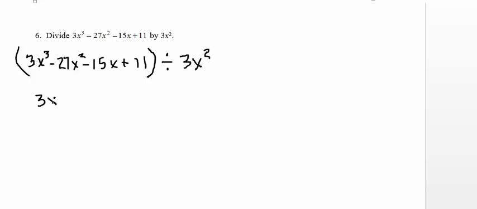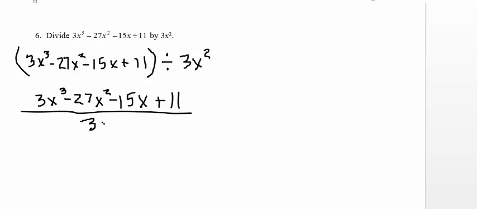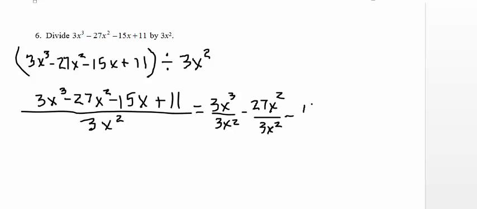Notice how we have to parenthesize the polynomial we're dividing into to write this correctly with the division symbol. Or we could write it as a fraction with the polynomial in the numerator and the divisor in the denominator. But ultimately, every term of that numerator is going to get divided by that divisor, 3x squared.